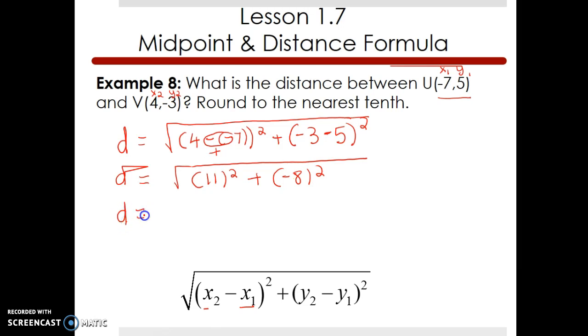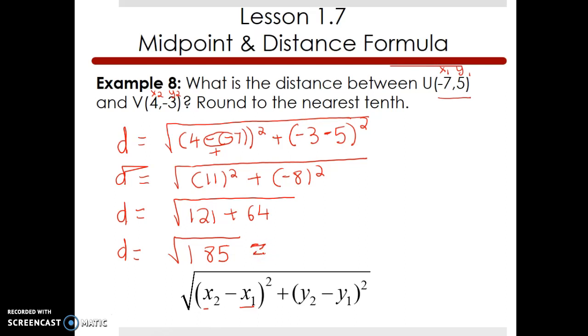So the distance equals 121 plus 64, which is 185. Whoops, I meant square root of 185, not 125. I typed it into my calculator, and it's asking me to round to the nearest tenth, so 1 decimal place. So that is going to be 13.6.